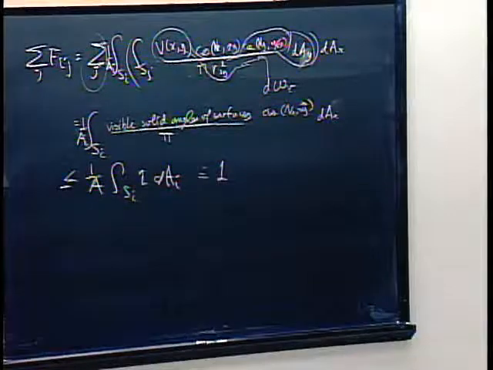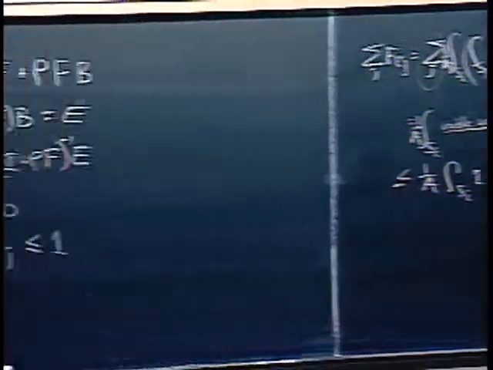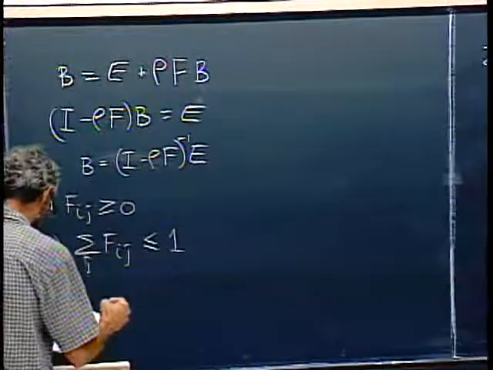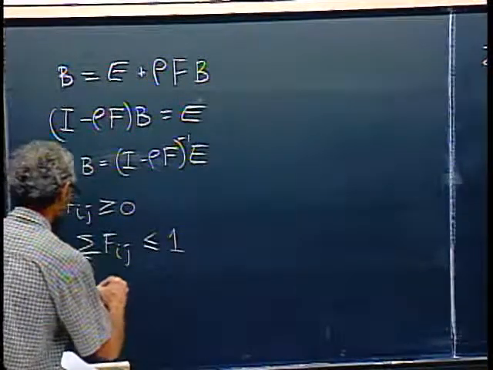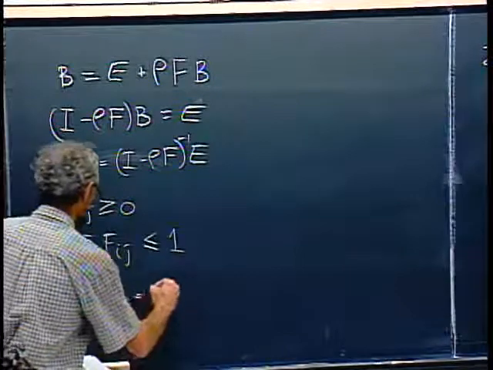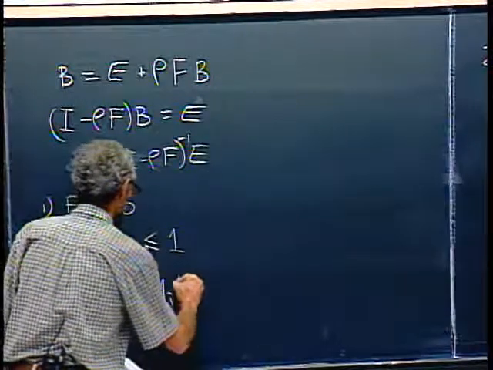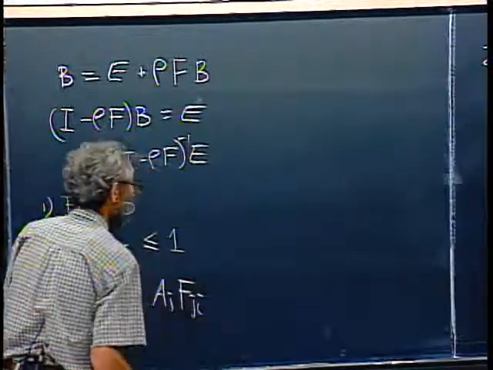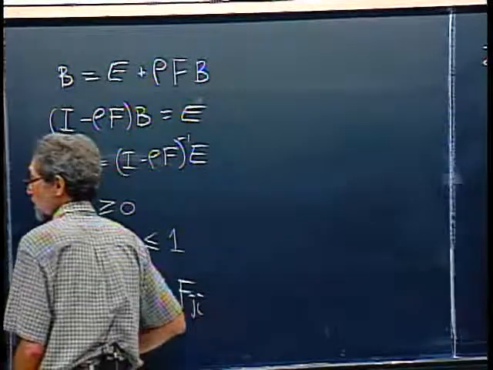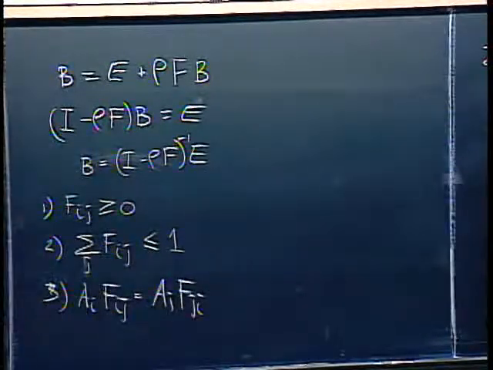So that's this property, and the third property is reciprocity. Ai Fij equals Aj Fji. And the reason is, let me do it on this board because I have this formula here.